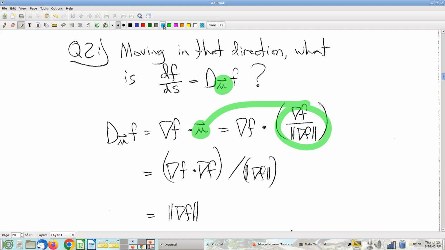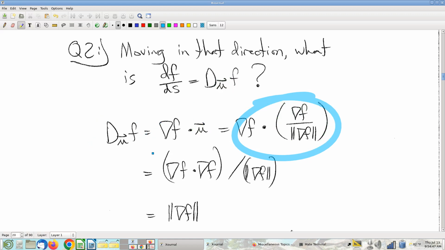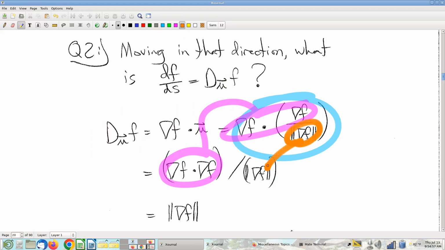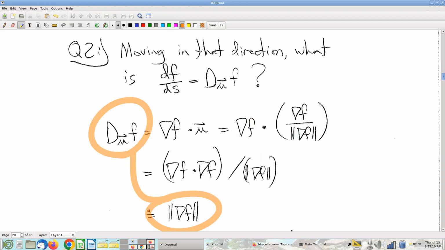So that means that the directional derivative, this dot product, is just, apparently, magnitude squared divided by magnitude, and magnitude squared divided by magnitude is magnitude. So it works out really nicely. So, the maximal directional derivative is this formula.